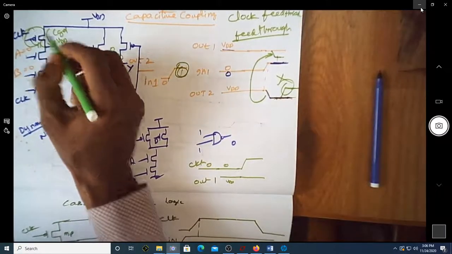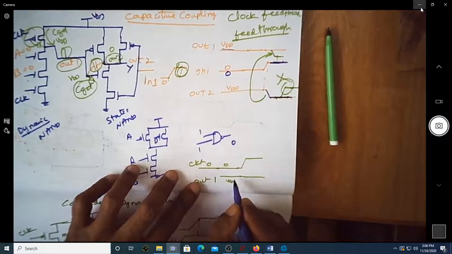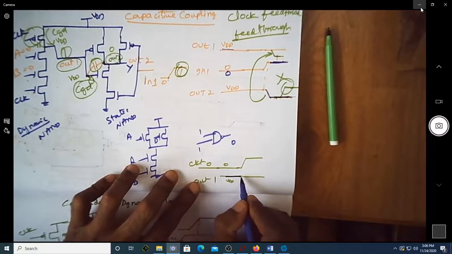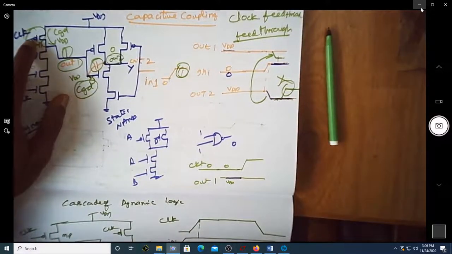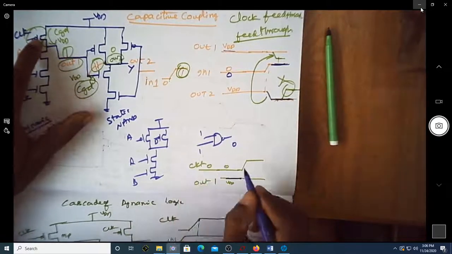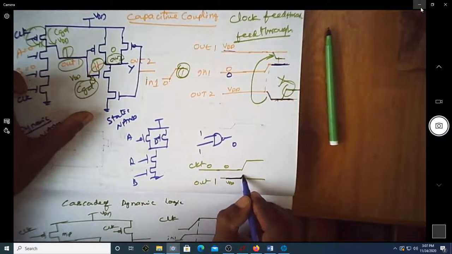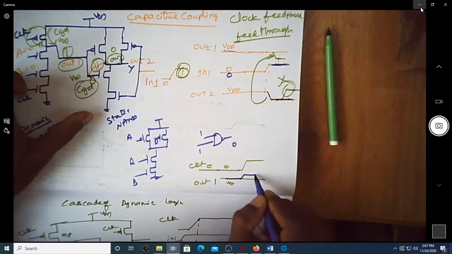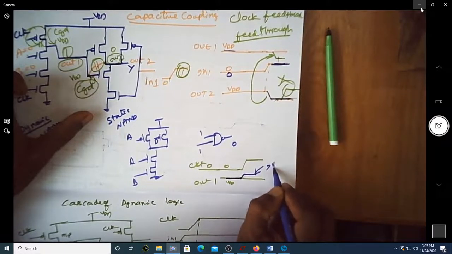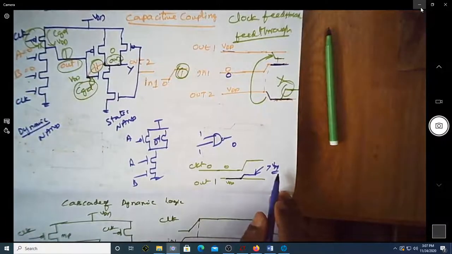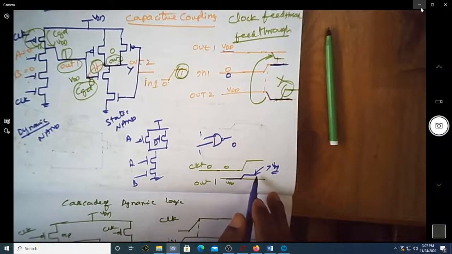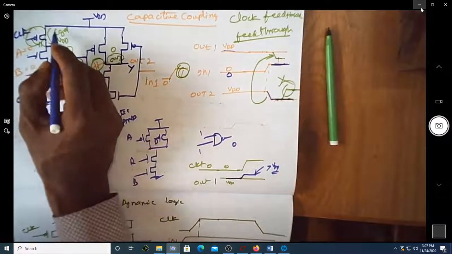Because of this capacitive coupling, the voltage which was supposed to be 0 here, because there is a sudden change in the voltage at this point from 0 to VDD, also tries to go slightly up. This is going above VDD.